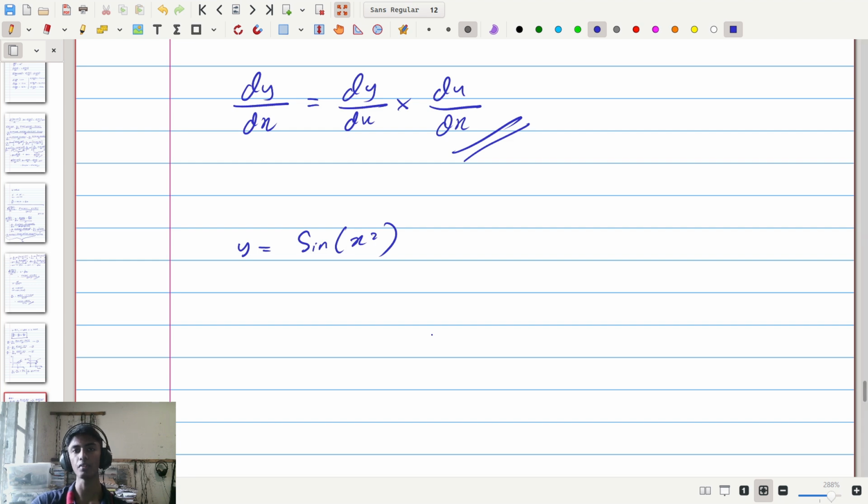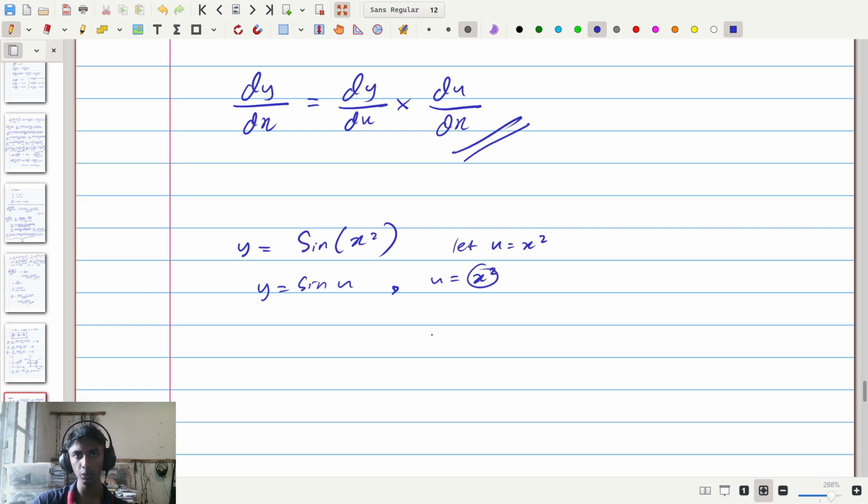Here we can see the sine of x squared is a compound function, as in a function of a function. If I replace x squared with u, let's say let u equal x squared, we can see that y is equal to the sine of u and u is equal to x squared. So here we can see the format of y being a function of u and u being a function of x.